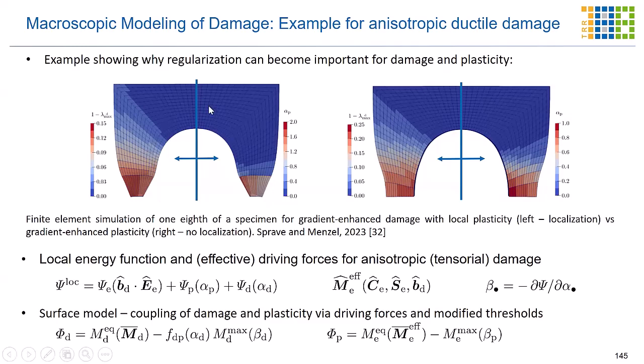However, we have a local plasticity model, such that we don't have an additional non-local field variable for plasticity. As we see from the first figure, this results in rather mesh-dependent results, and we can see here the localized region. But in the second figure, now we see non-localization. And this is due to the fact that now we have a gradient-enhanced plasticity formulation used.